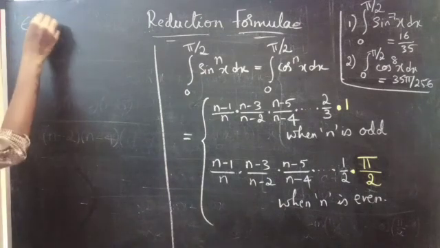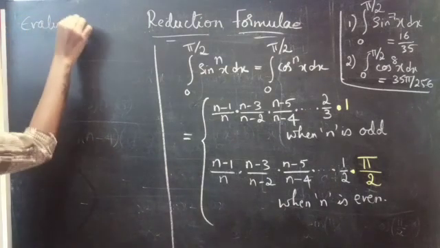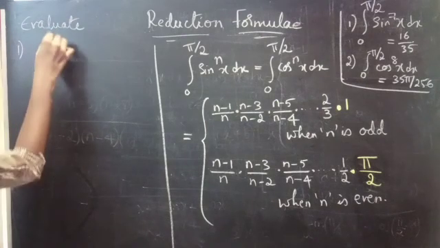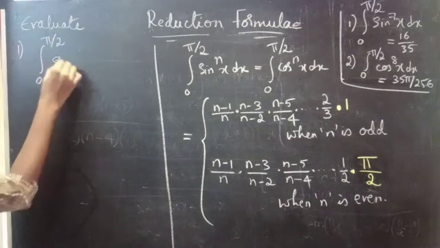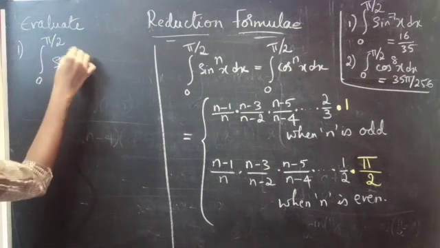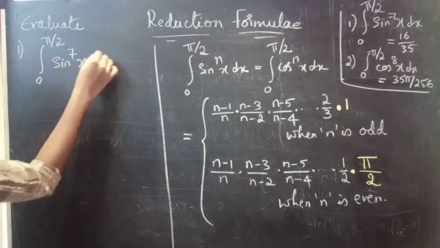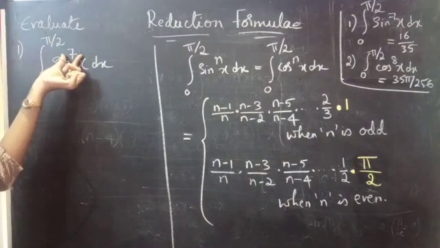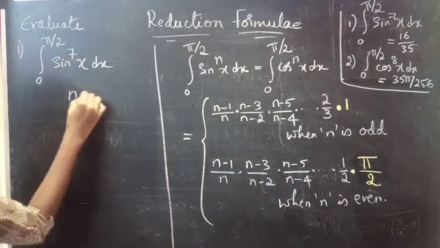Evaluate. First one: integral from 0 to pi by 2 of sine power 7x dx. So here n equals 7.